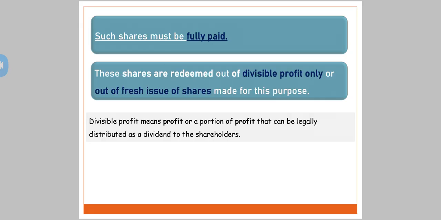These shares are redeemed out of divisible profit only. Very important. These shares are redeemed out of divisible profit only or out of a fresh issue of shares made for this purpose. Now see here, redeemable preference shares means the company is supposed to pay the amount and take the shares back. So from where is the company going to pay this amount? These shares are redeemed out of divisible profit only.